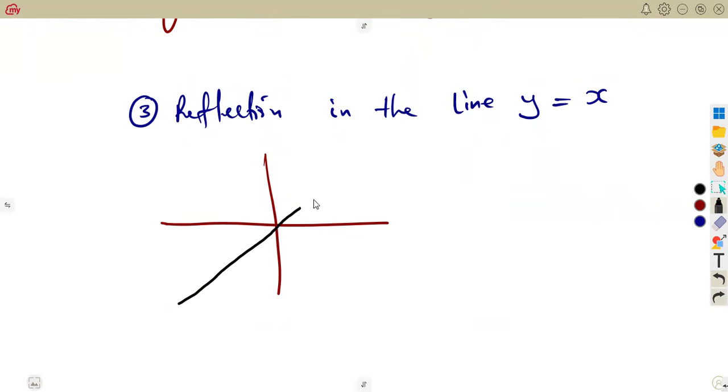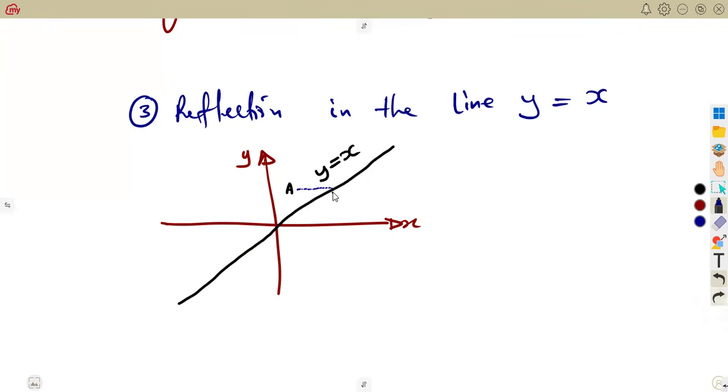So that's the line y is equal to x. You are going to notice in the reflection, let's say there's a point here which is A. The point is going to move a certain distance to the line, which is our mirror line. This y is equal to x is your mirror line.